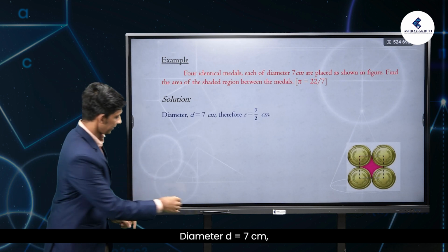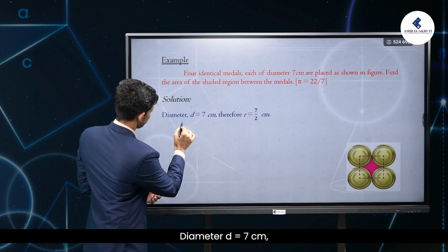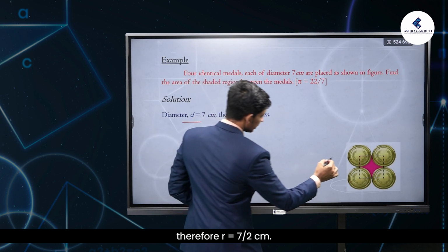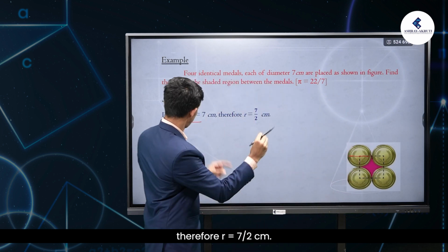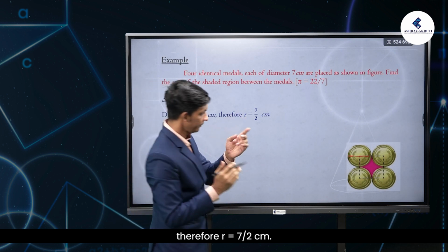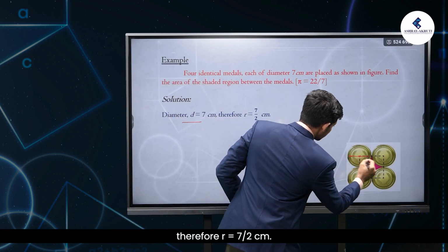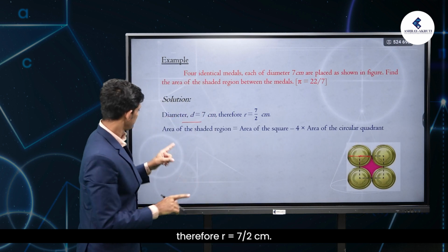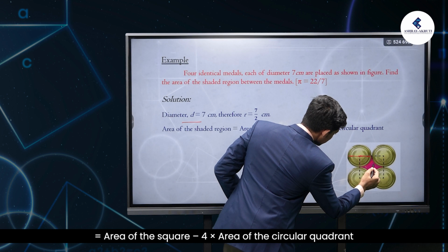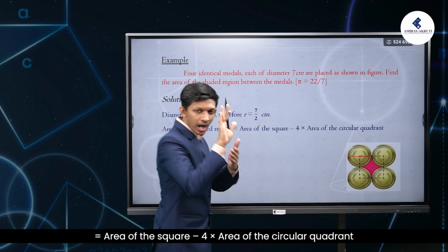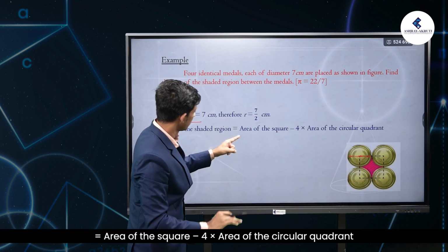Diameter D is equal to 7 cm. Therefore, R is equal to 7 by 2 cm. Area of the shaded region is equal to area of the square minus 4 into area of the circular quadrant.